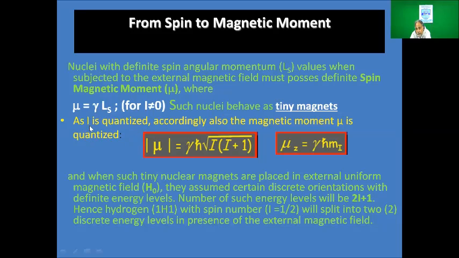This tiny magnet, I, is quantized, and accordingly the magnetic moment mu is also quantized. When such tiny nuclear magnets are placed in an external uniform magnetic field H0, they assume certain discrete orientations, 2I plus 1 of them. For hydrogen and for 13C, with spin number I equal to half, it splits into two discrete energy levels in the presence of an external magnetic field.